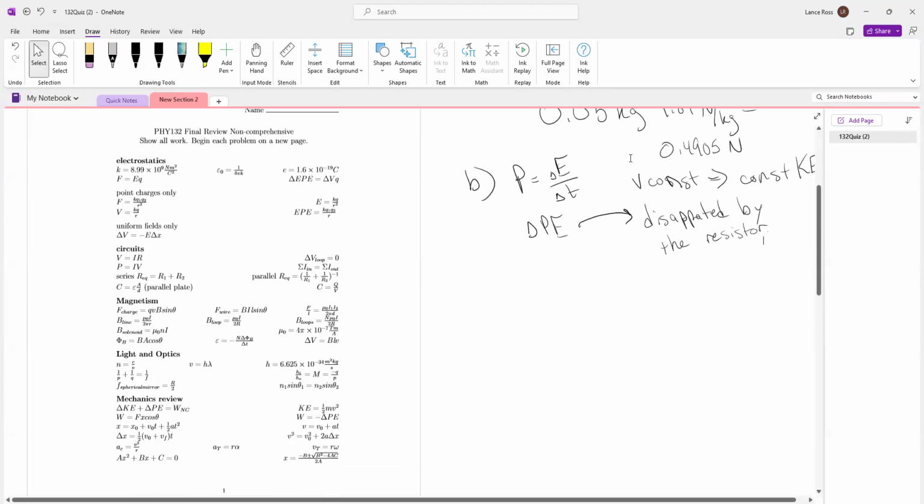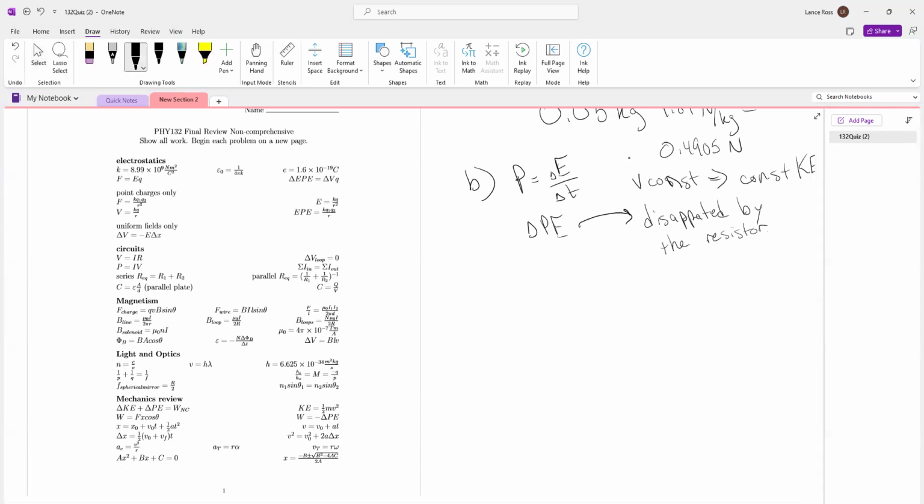So our potential energy in this case is coming from gravity. Gravitational potential energy is mgh. So if we want to find the power, we're going to look at the change in energy, mg delta h, over change in time. Well, if we look at delta h over delta t, our velocity is pointed downward, so that's our velocity. So mgv will be our power.